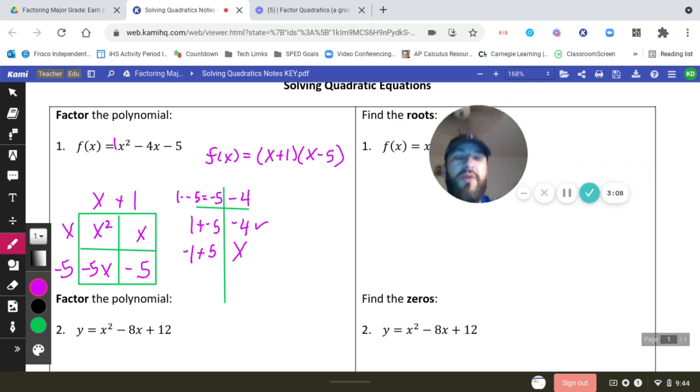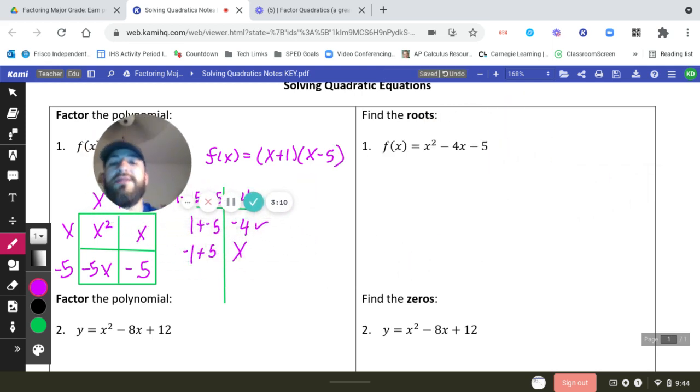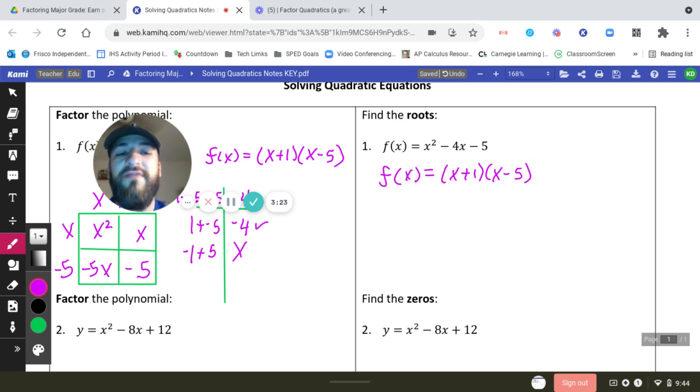Okay, so now we're going to follow up on the other side. I want to find the root. So I have the factored form, but now I want to find the root. F of x is equal to x plus 1 and x minus 5.